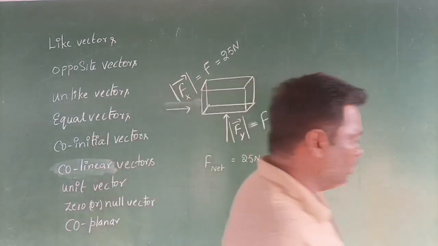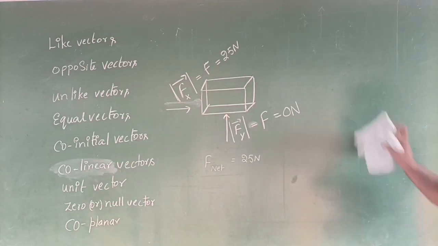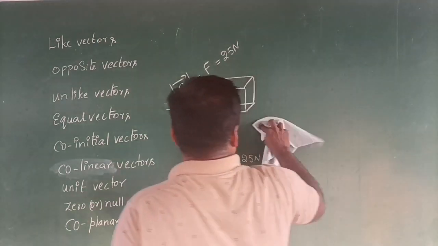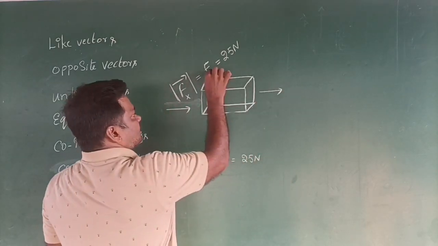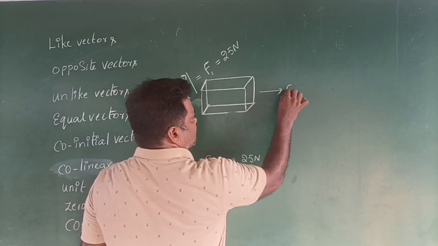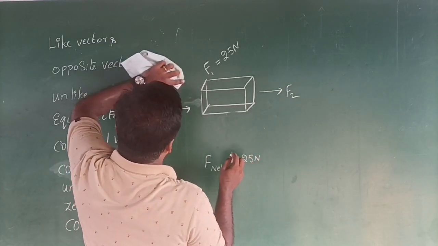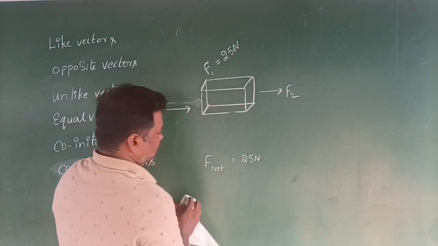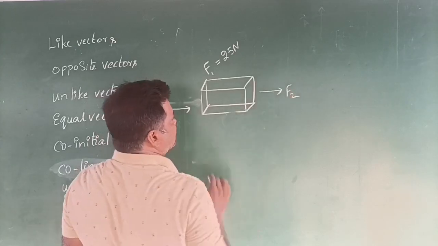Suppose one more force is acting along the x-axis. Can I take this as F1 and this as F2? Two forces are acting on this: one is acting here, the second one is acting here.